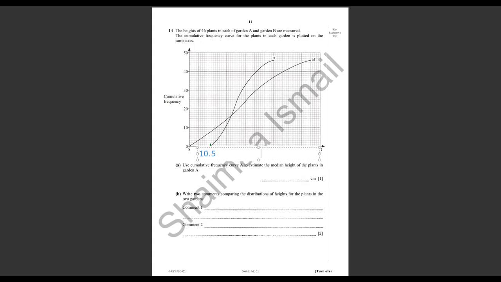And on 17, because this point is 17. You mark this point at 17. So in between is 6.5.